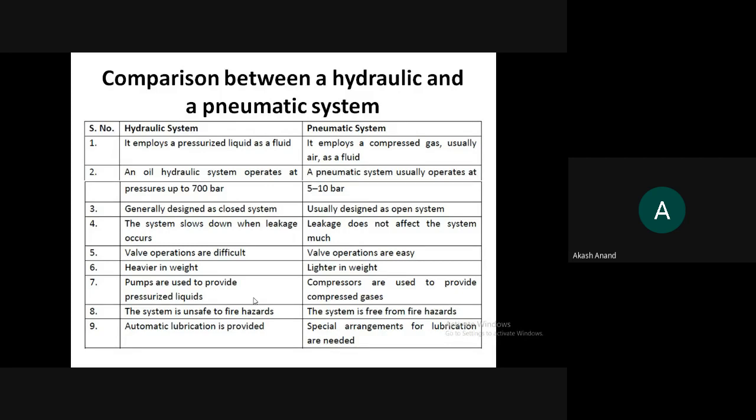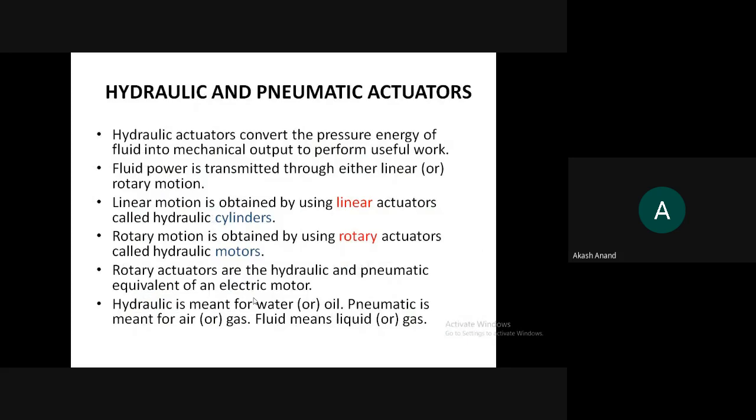So the general features of hydraulic and pneumatic actuators are: hydraulic actuators convert the pressure energy of the fluid into mechanical output to perform useful work. Now we are concerned about the actuators only. We are not discussing the system; the system is over.